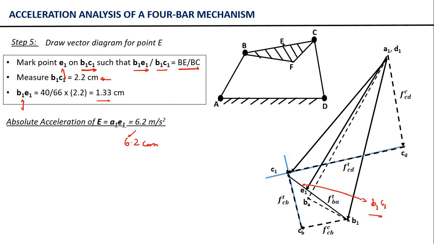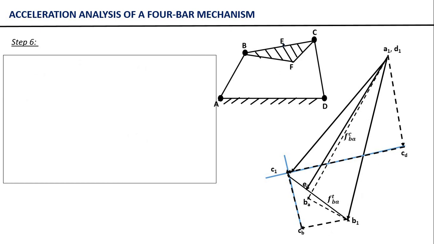Now let's go to the next part, which is calculating the acceleration of this offset point F. To calculate it, we are again going to follow the acceleration image concept.